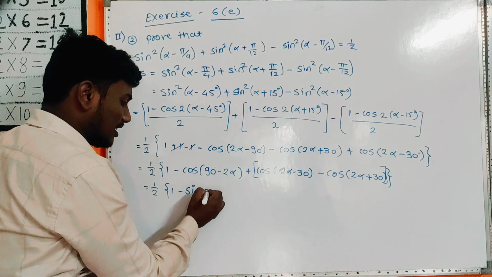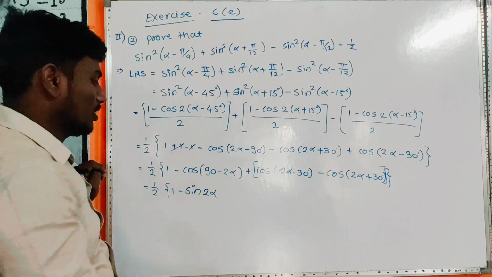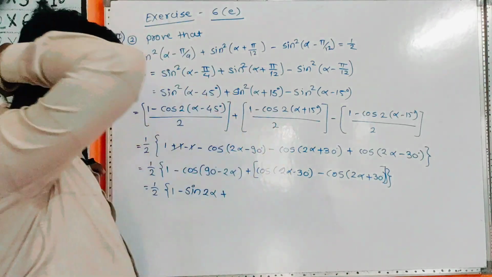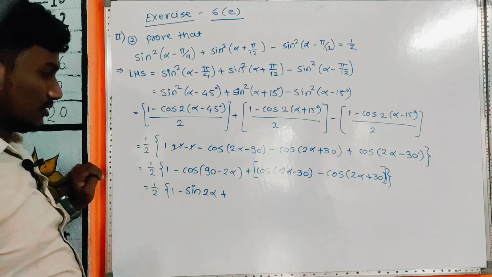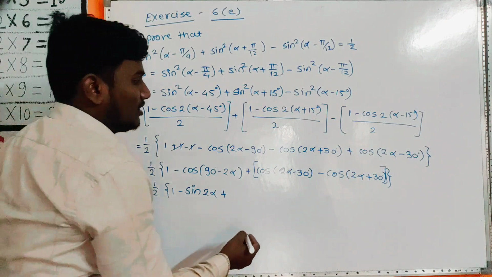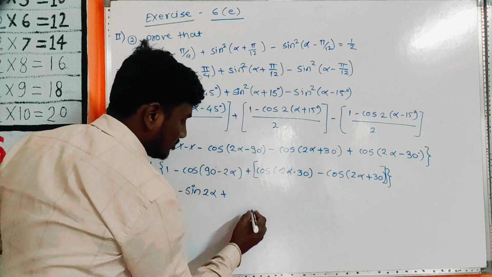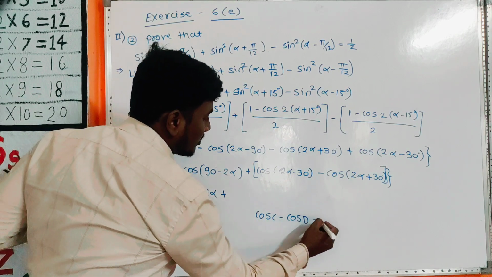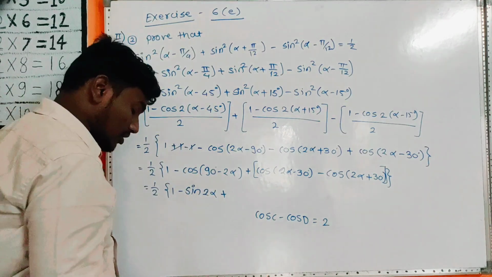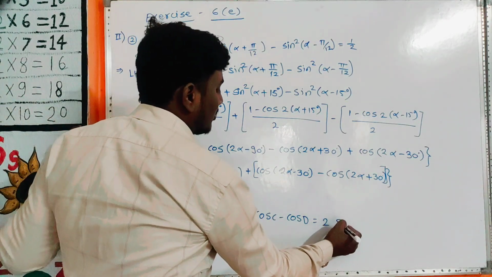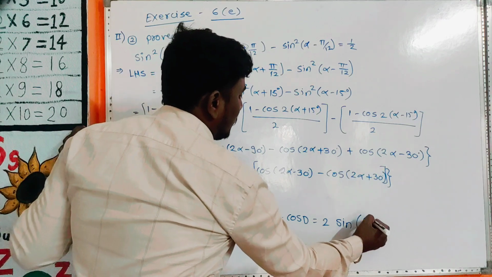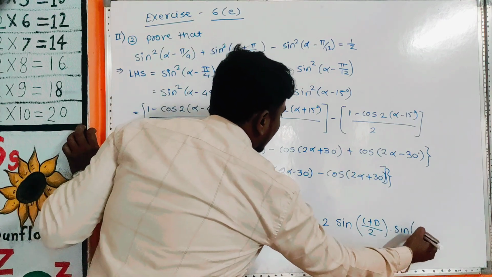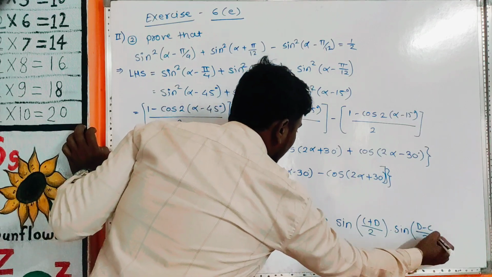This can be written as sin 2α, plus we can use the formula cos C − cos D. cos C − cos D is equal to 2 sin ((C + D)/2) into sin ((D − C)/2).